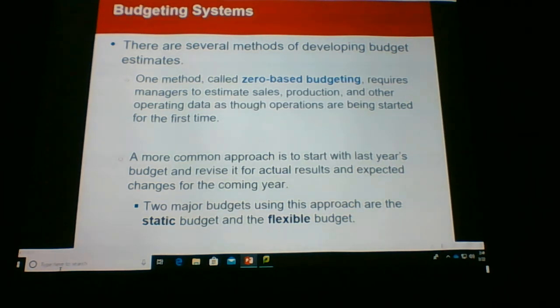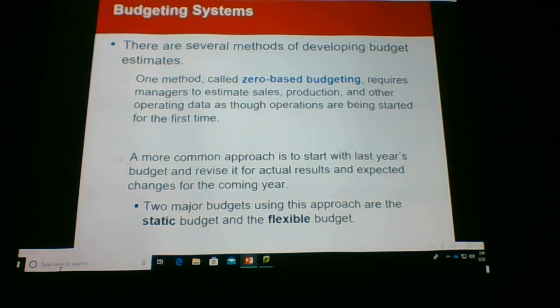So we also have some other concepts that we should probably discuss. We have what's called zero-based budgeting. And zero-based budgeting is not something that you're going to see very often. However, it can be particularly useful in situations where a business has completely changed their primary mode of business, or if environmental factors have completely shifted the landscape for the industry in which a business operates.